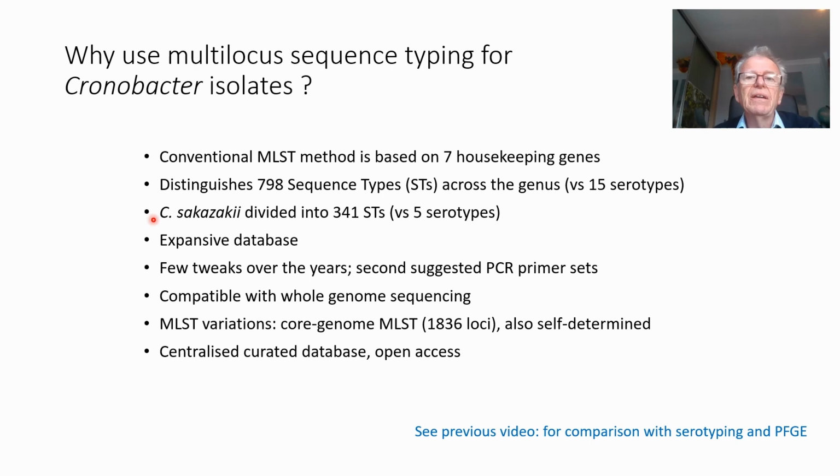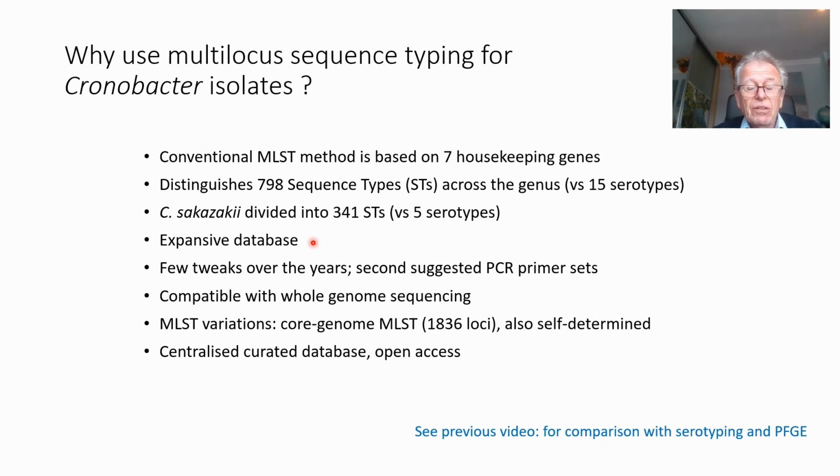Cronobacter sakazakii itself has got over 300 sequence types, and it's a very expansive database, so most weeks I'm adding several more strains to the database, and the analysis can be expanded as well.